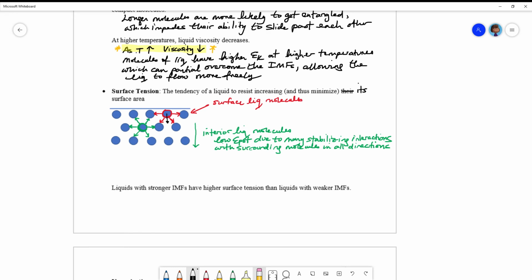Okay. Now, this is going to result in our surface liquid molecules having higher potential energy. They're just not as stable as those cozy interior liquid molecules are. So I'm going to say higher potential energy. And this is again due to having fewer stabilizing interactions.